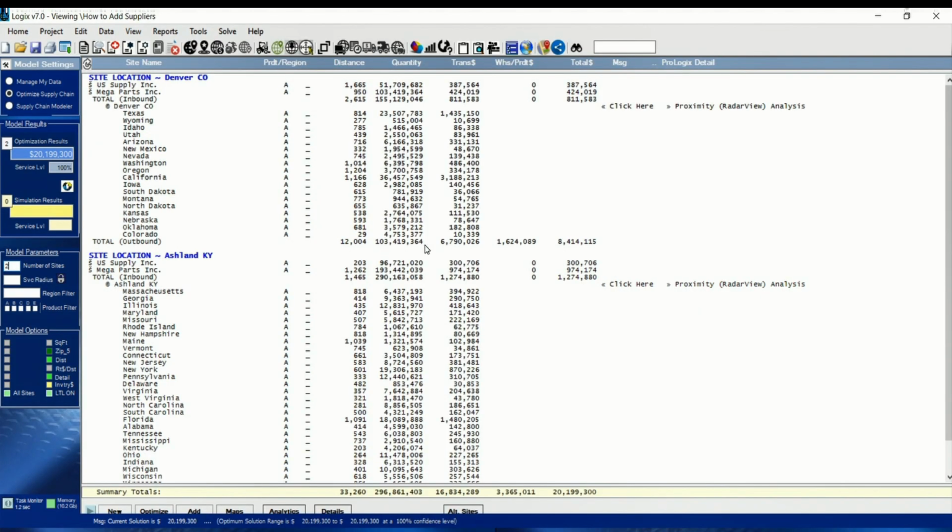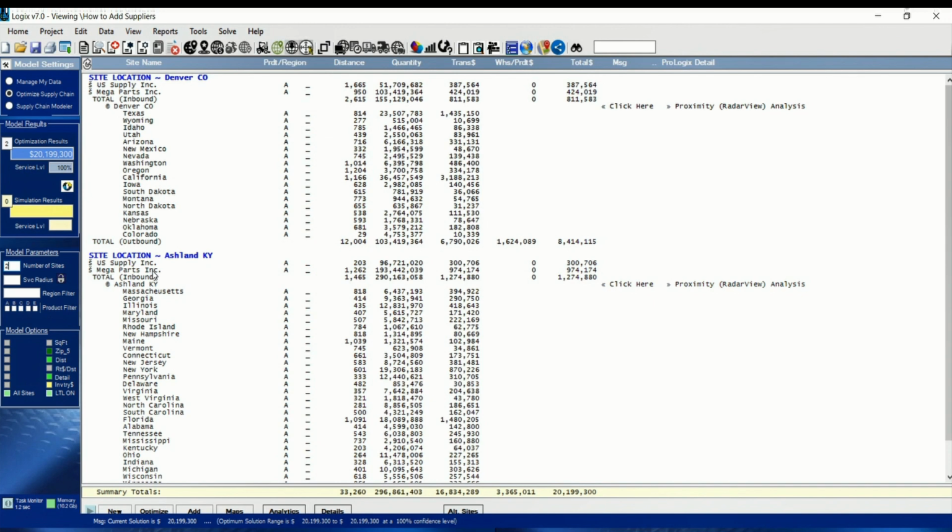And if you recall, Megaparts at 100% is going to match the outbound flows in our problem at 100%. US Supply at 50% is going to be 50% of our outbound flows.